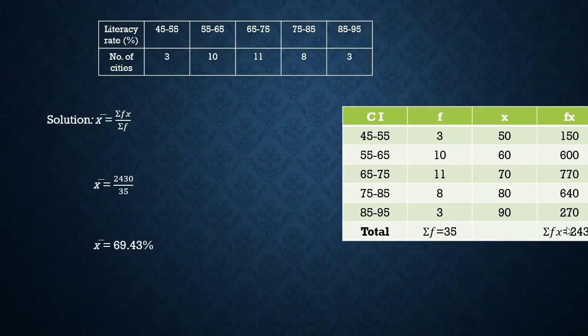So the mean literacy rate is given by summation fx by summation of f. So that will be equal to 2430 divided by 35. So the mean literacy rate for the 35 cities is 69.43%.